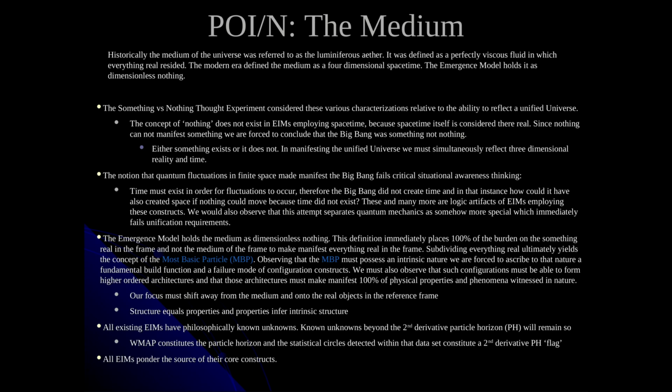So we have to back all the way up, because the fundamental core constructs of any given EIM are highly systemic. They flow all the way up through every construct in the EIM. And for that reason, we need to be very, very careful about how we characterize our ability to reflect a unified universe.